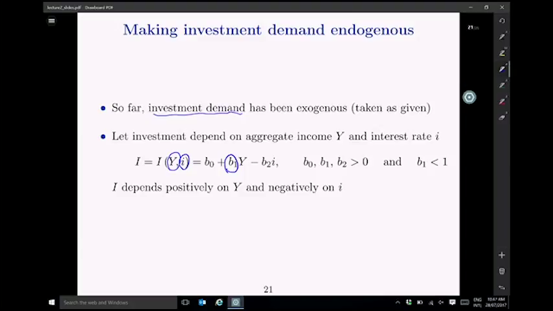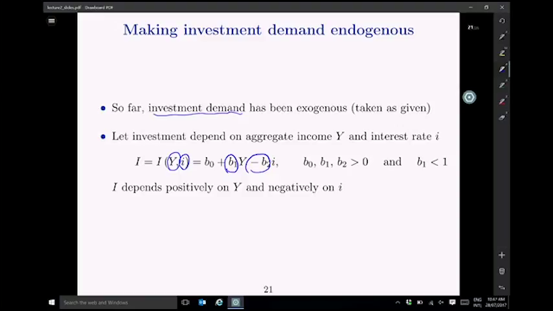The cost of funds. When the interest rate is really high, it means that it's really expensive for you to raise any funds. And in this case, would you like to make a lot of investment? Probably no. That's why generally we assume that B2, another parameter, is bigger than 0, but minus B2 is negative. That is, investment depends negatively on interest rate.